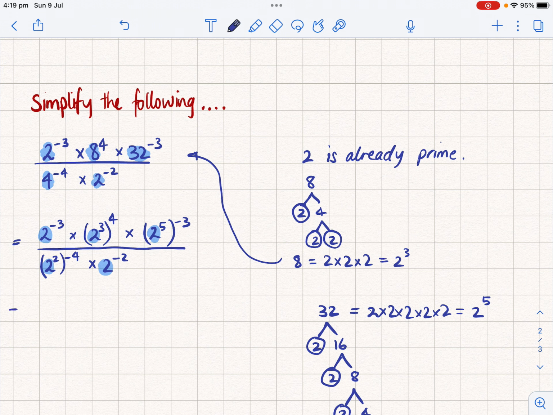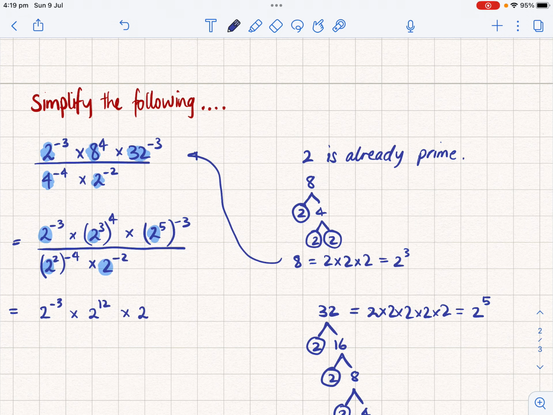So let's rewrite this out now. I'm going to have 2 to the negative 3. I've just copied that down. And then 3 times 4, power to a power, that becomes 2 to the power of 12. 5 times negative 3 becomes 2 to the power of negative 15.